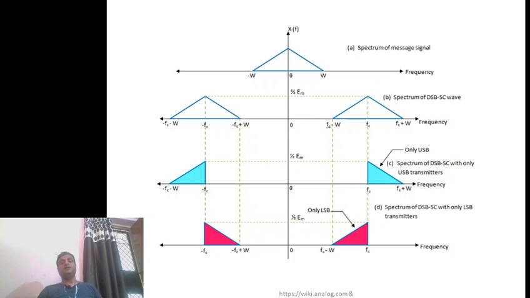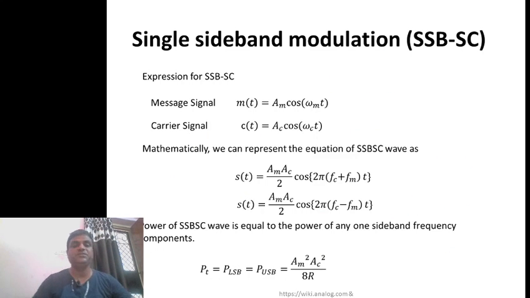The third diagram is the spectrum of double sideband suppressed carrier with only the upper sideband. It is also possible to remove the upper sideband, so the fourth diagram is the spectrum with only lower sideband transmission. Then again we have discussed the single sideband modulation.